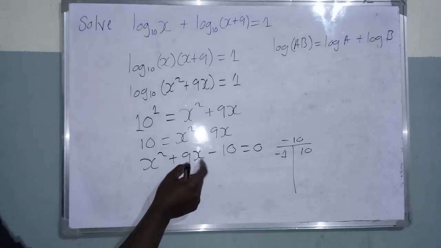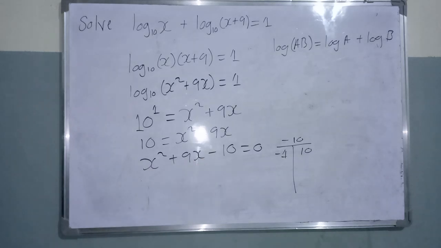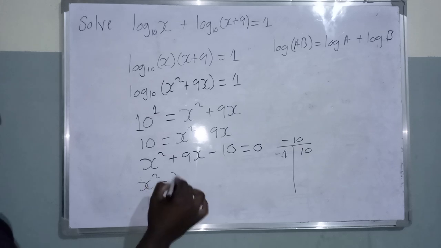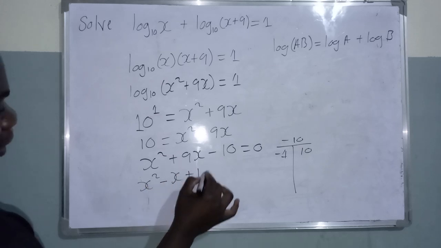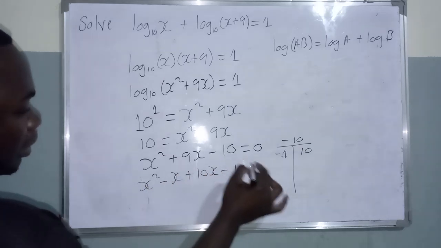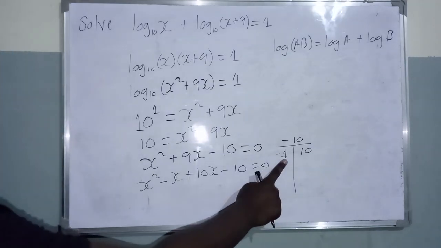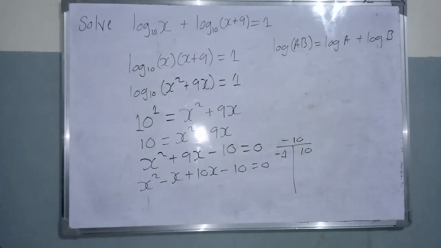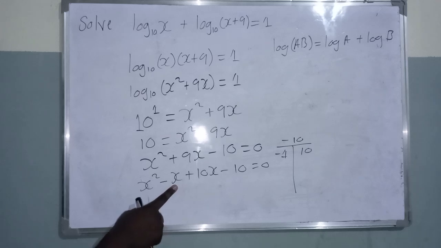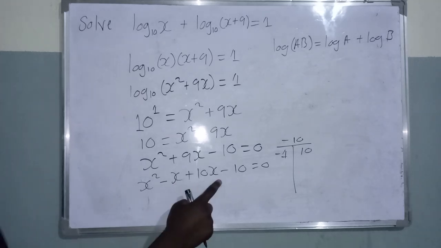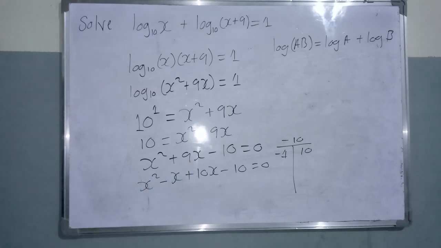We'll substitute them where there is 9x, meaning that we'll have x squared minus x plus 10x minus 10 equal to 0. So this one, we're not going to write it as 1, but we've written it as x, so that negative x plus 10x will have 9x.